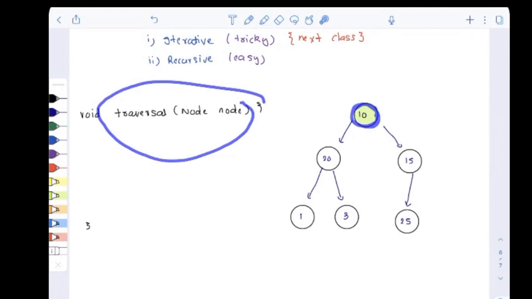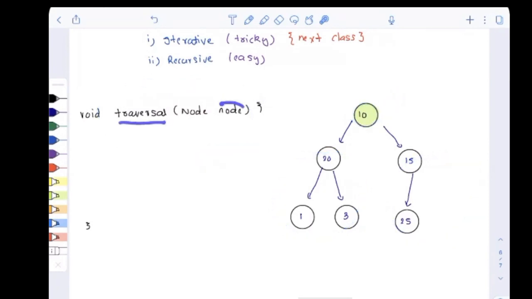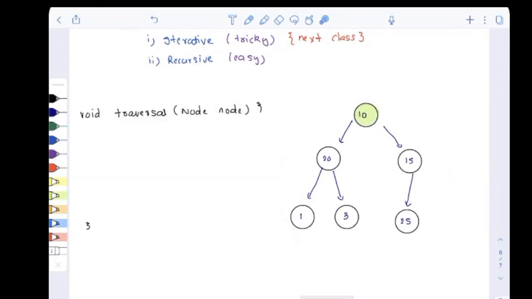My task is to travel the entire left tree, and then the entire right hand side tree. If to the traversal function you provide the root node, you are saying, help me travel this entire tree. Now if I provide the 20 node to this traversal function, can I expect it to travel the tree under 20? I can, right?